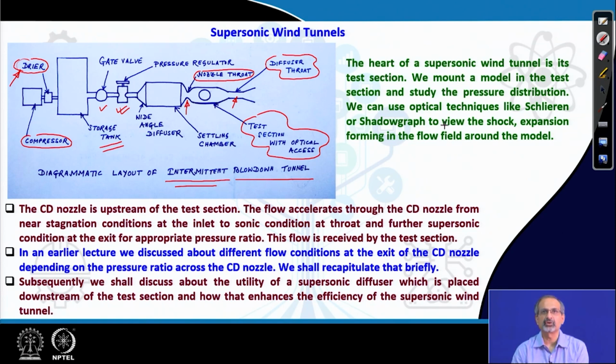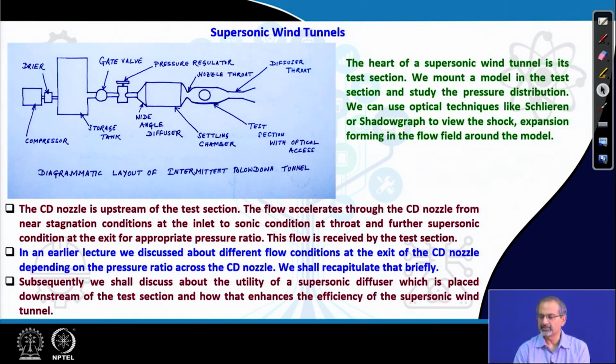Obviously, the heart of the supersonic wind tunnel is its test section, because we are interested to mount models in that section, make pressure measurements, other measurements, also apply optical techniques like Schlieren and shadowgraph flow visualization to view the shocks, expansions forming in the flow around the model. And we also have the supersonic diffuser downstream, which we are very interested to know more about.